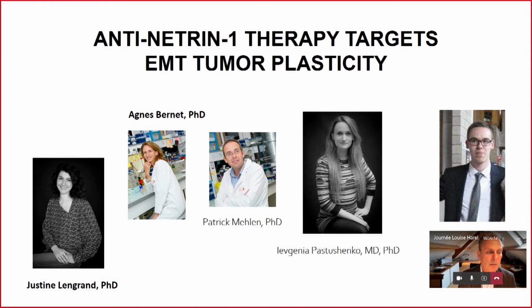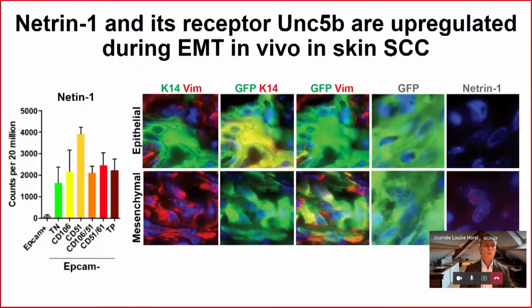This study has been done by a PhD student that was in Patrick's lab and joined my lab a few years ago, Justine Langrand, with Georgina Pastuchenko, a former postdoc in my lab, and Sebastian Van Neutem, a very talented bioinformatician. So the story begins when we found that in a different cell population that had undergone EMT, netrin-1 was highly upregulated.